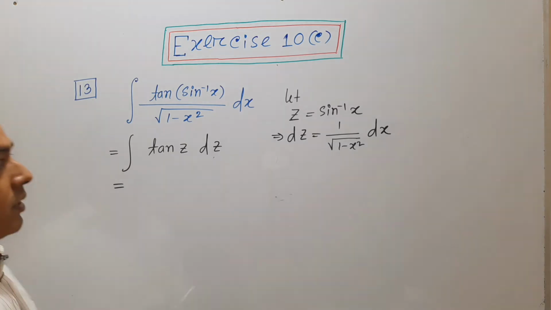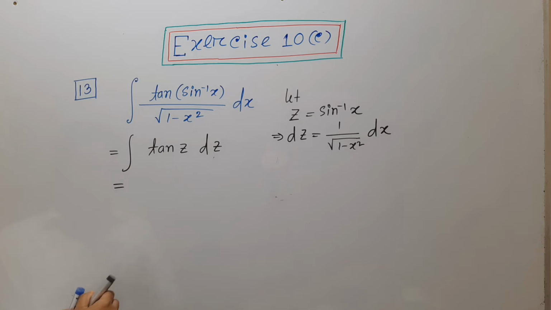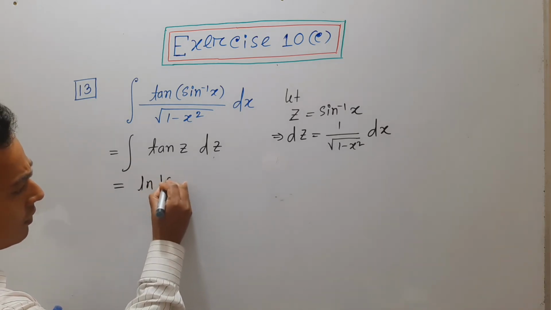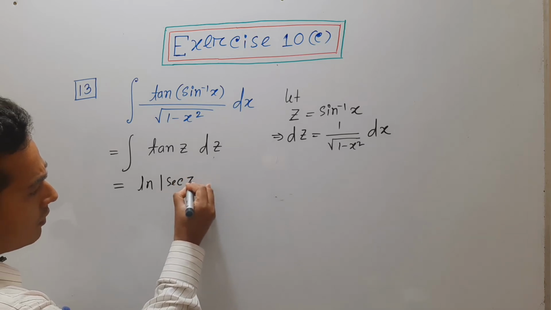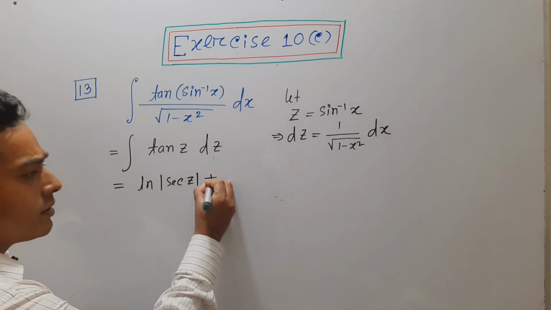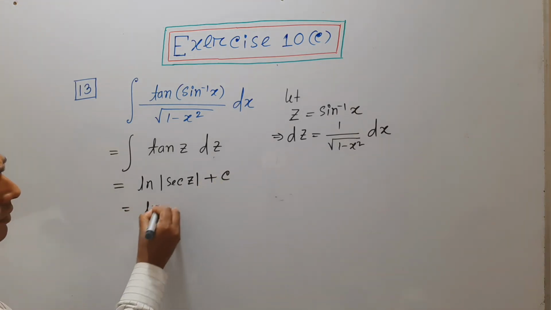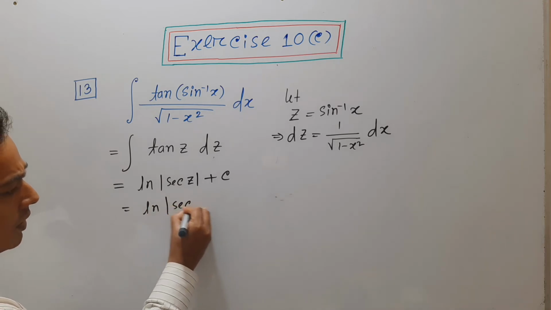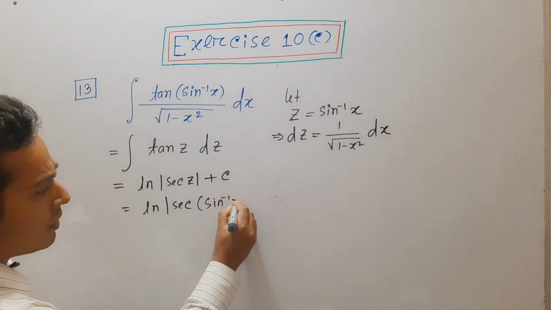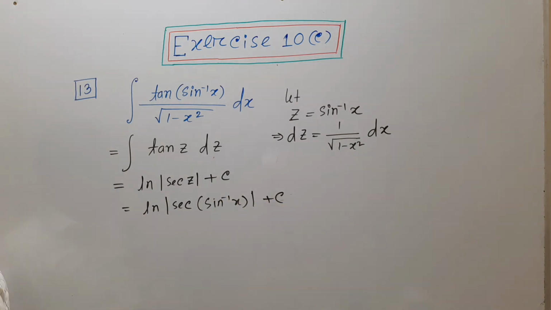Okay, now integration of tan z dz is equal to ln sec z plus c. Here z is equal to sin inverse x. Okay, this is our answer.